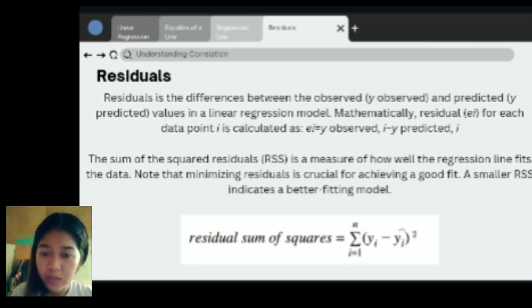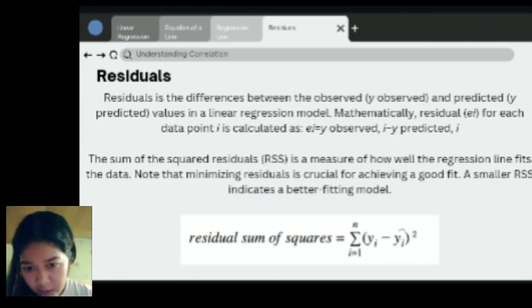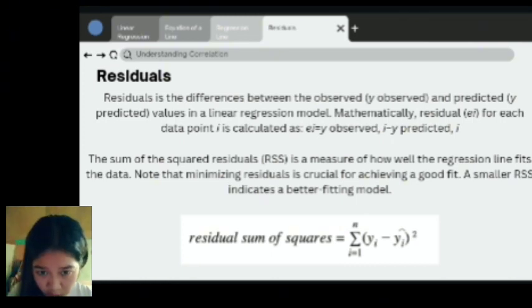The sum of the squared residuals, or RSS, is a measure of how well the regression line fits the data. Note that minimizing residuals is crucial for achieving a good fit. A smaller RSS indicates a better fitting model. That is the residual sum of squares, as you can see on the screen.